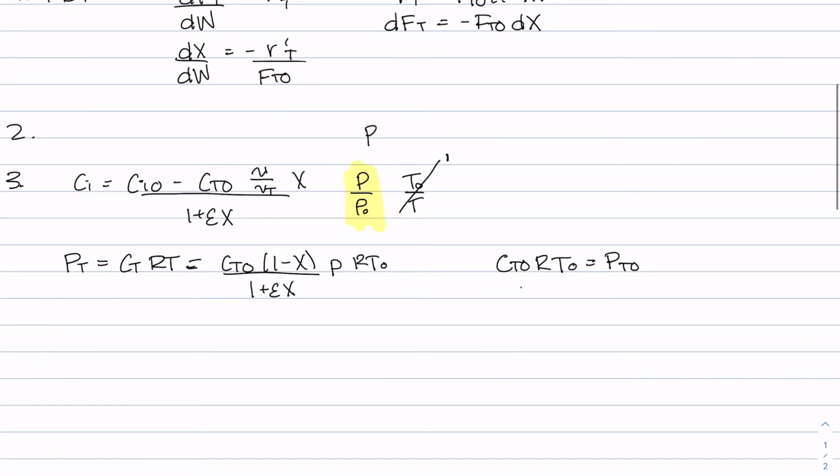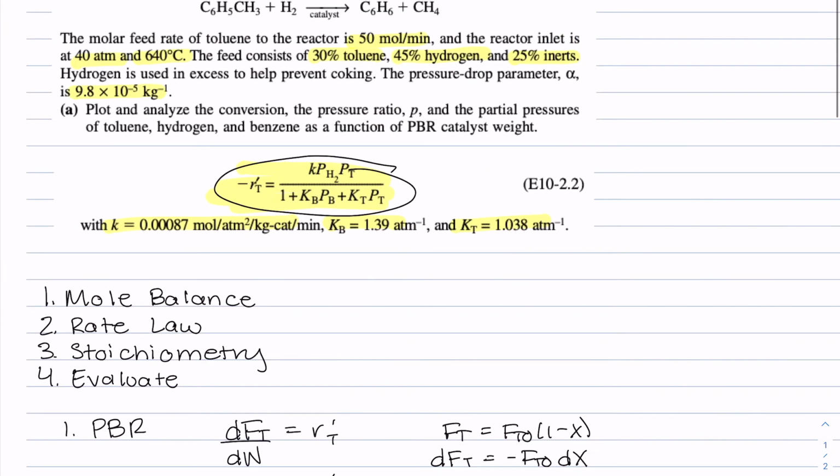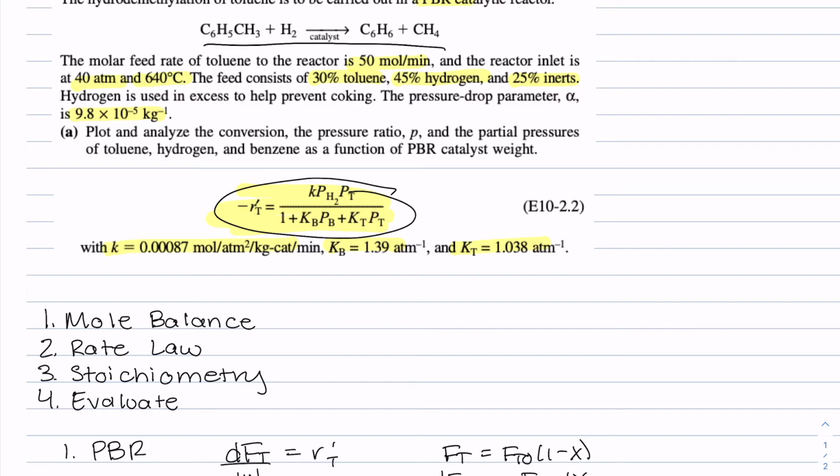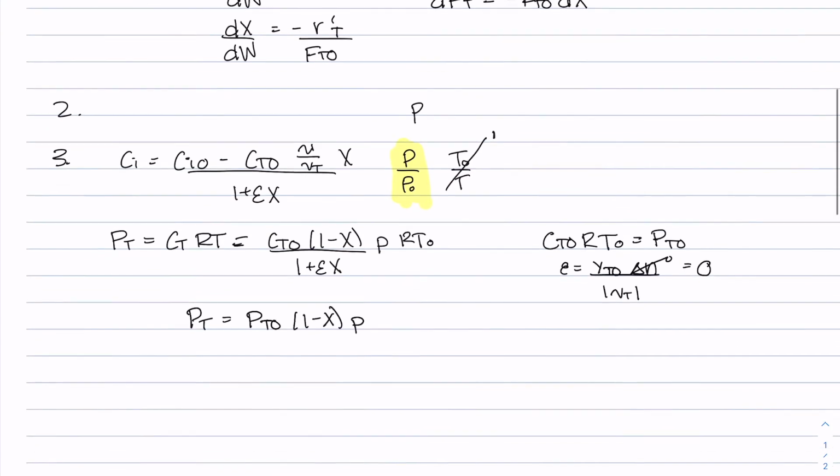We also know that epsilon is equal to the coefficient of toluene times the change in moles of gas over the coefficient of toluene. The change in moles of gas is 0, which means that epsilon is equal to 0. Plugging those two things back into the pressure of toluene, we can see that the pressure of toluene is equal to the initial pressure of toluene times (1 minus X) times the pressure ratio.